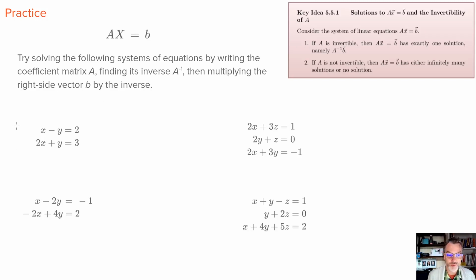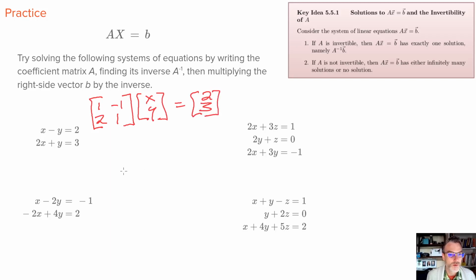Another thing we can do with inverses is try to solve these equations, and I'll just demonstrate that quickly. So my original coefficient matrix here is this, okay, and so you could write out this entire equation like this, or a system of equations like this. And now I can find the inverse of this matrix, multiply on the left both sides of this, and that would isolate the x, y. So let's try that.